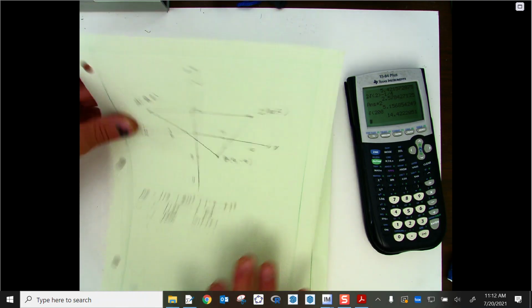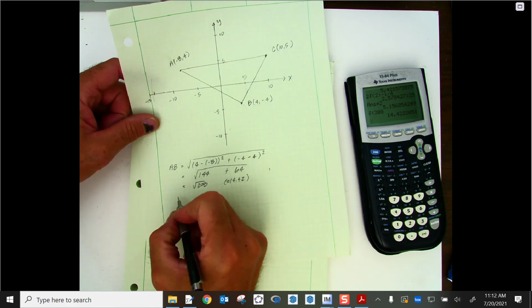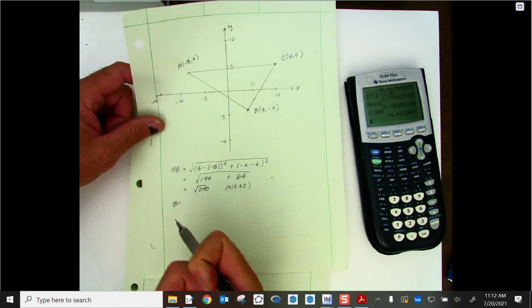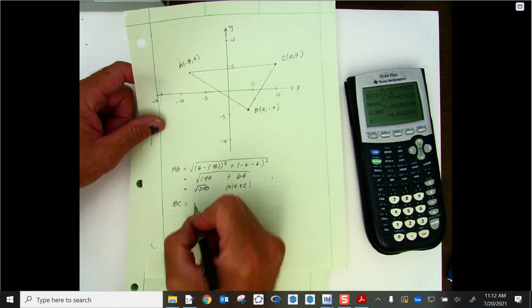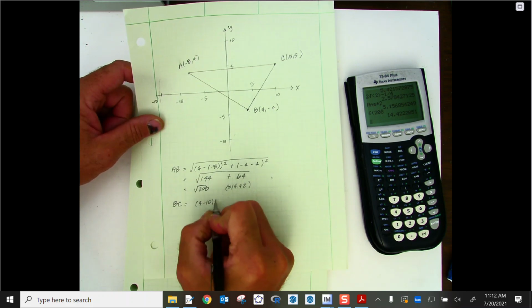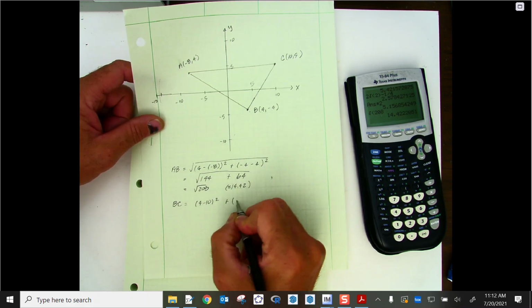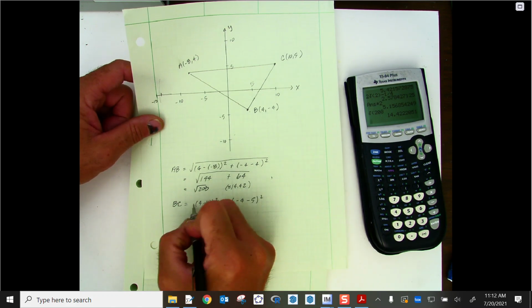So we've got AB. How about BC next? We would expect a number smaller than the square root of 208 there. Let's see if we get it. 4 minus 10 quantity squared plus -4 minus 5 quantity squared, all square rooted.